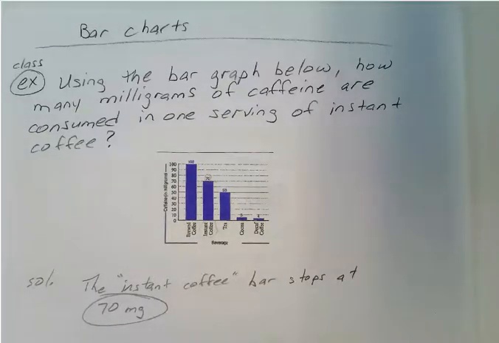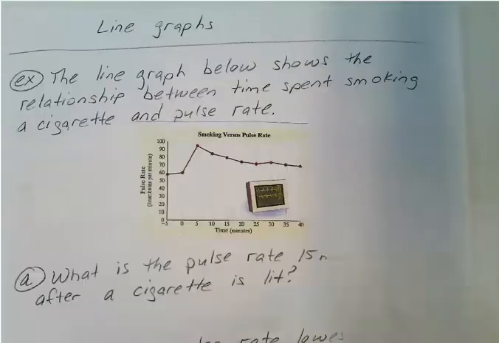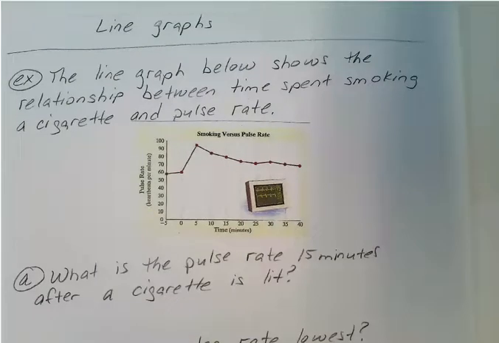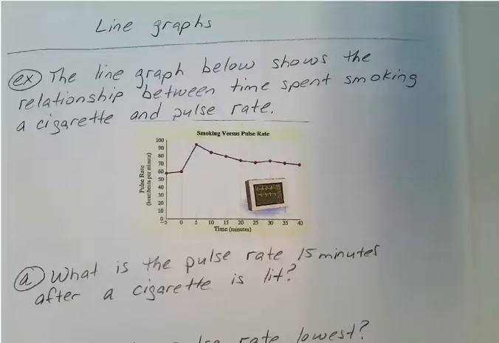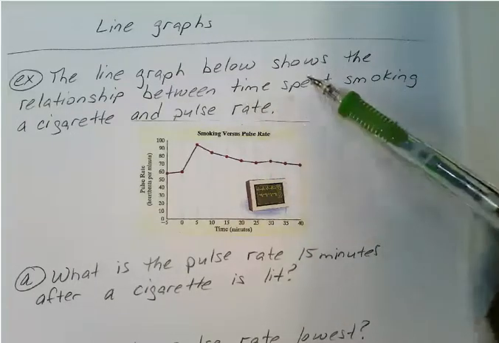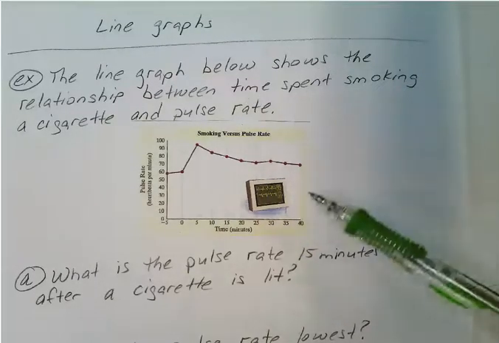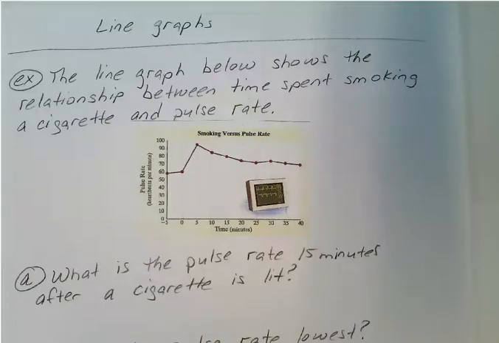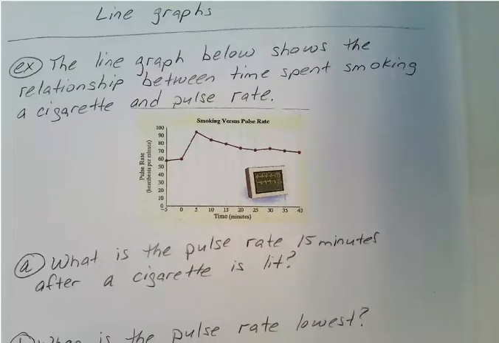Now we're going to look at line graphs. Okay, so let's say if you have a line graph below that shows the relationship between time spent smoking a cigarette and pulse rate. Okay, so what is the pulse rate 15 minutes after a cigarette is lit?